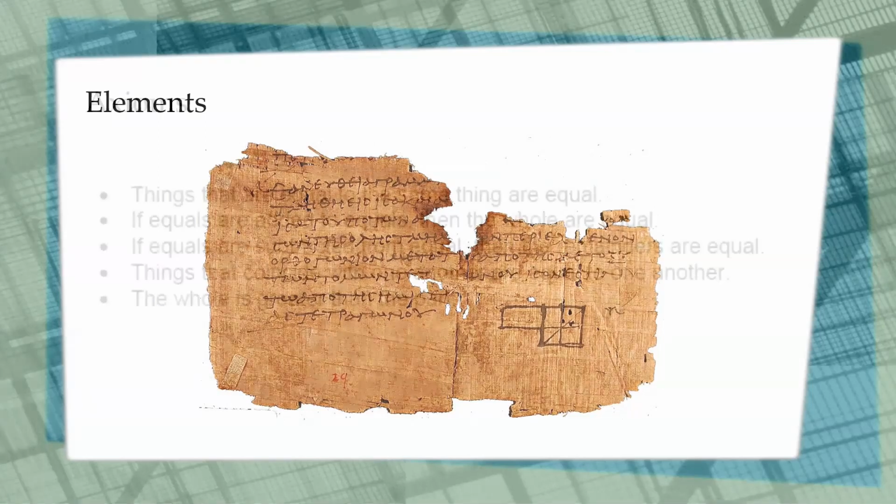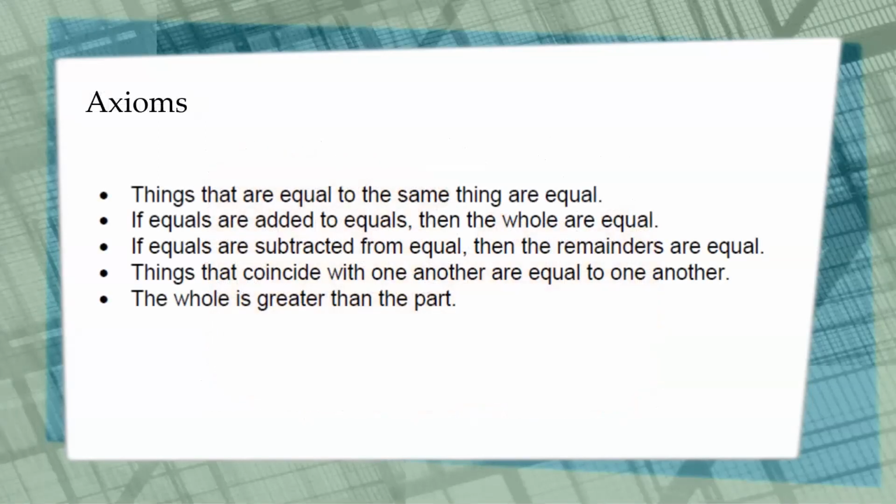Okay? So, ano yung mga axioms ng geometry ni Euclid? First is, things that are equal to the same thing are equal to each other. We accept this as true. Pero wala siyang proof. Pero pwede natin siyang bigyan ng example.